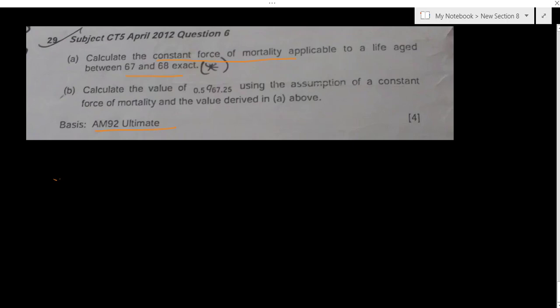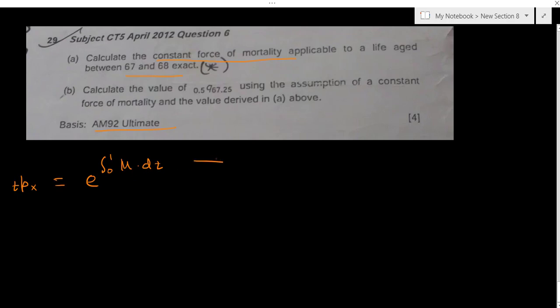So the way to go about this is I have to actually assume constant force of mortality first. So my tPx value would be e to the power of minus the integral going from 0 to 1 of mu dt, because now I have taken mu as a constant.